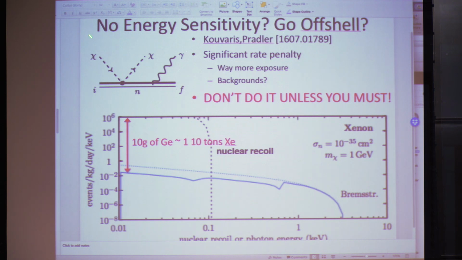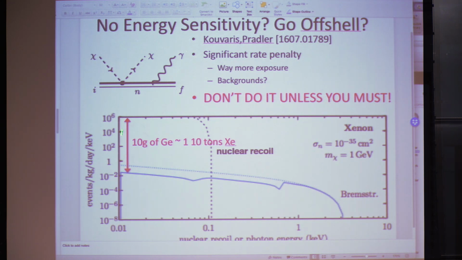The idea is dark matter comes in, it hits the nucleus and goes off, but rather than immediately being on shell and conserving energy momentum here, you instead don't conserve energy momentum. You pay a rate penalty, and you throw off a photon, and then you conserve momentum in the entire system. So now it's sort of a 3-body process, right? You have a WIMP coming in, a nucleus coming in, and then coming out is the WIMP, the nucleus, and a photon. So the problem is you pay a rate penalty.